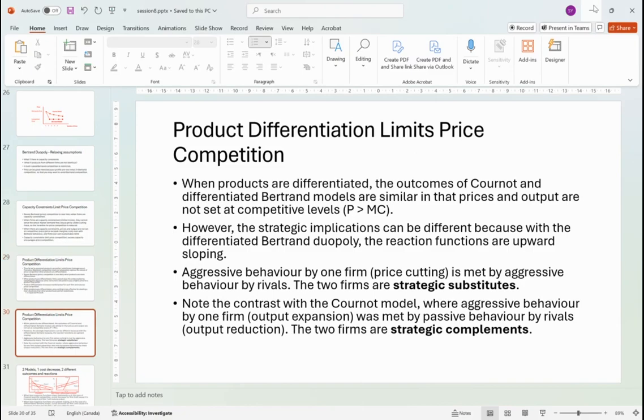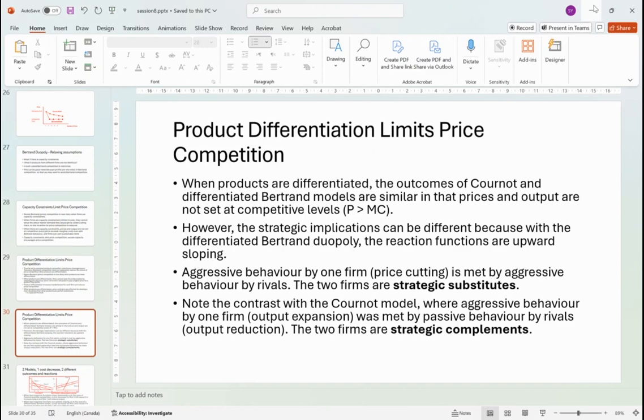The point is that the outcome of the differentiated product in the Bertrand model is going to be very similar to the Cournot model, right? But the difference is that under the Cournot model, we discussed that as one firm increases the quantity produced, the other firm has to drop the quantity produced, right?